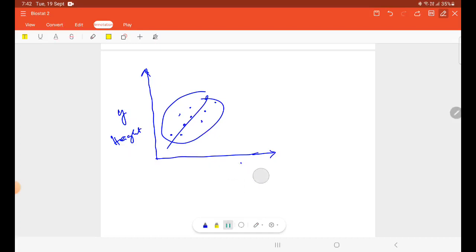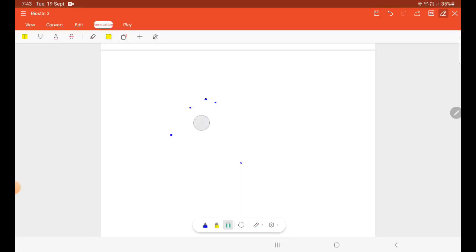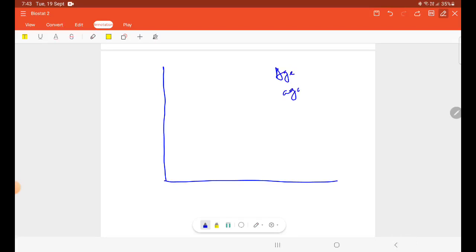So we shall give an example of negative correlation. Negative correlation, for example, age against kilometers walk, capacity to walk kilometers.